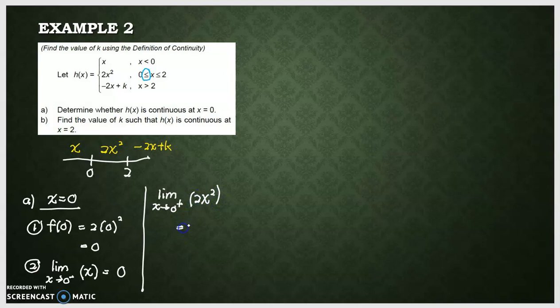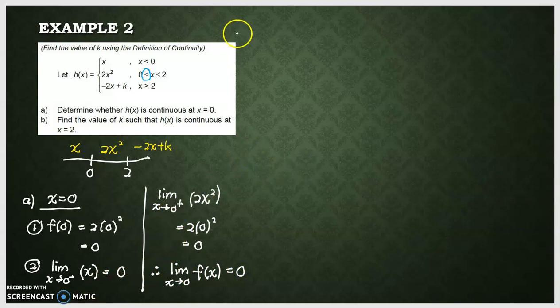Again I substitute the value, 2 times 0 squared is equal to 0. Since the left hand limit is equal to 0 and the right hand limit is equal to 0, we can conclude the limit as x approaches 0 of f(x) is equal to 0, since the left hand limit and right hand limit are equal.